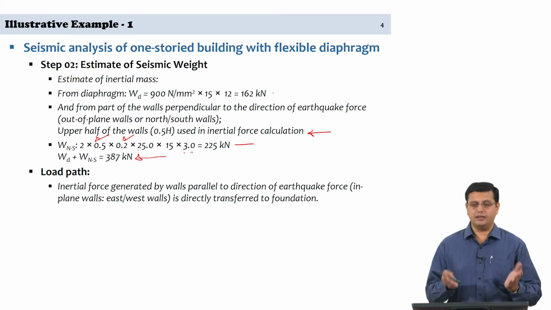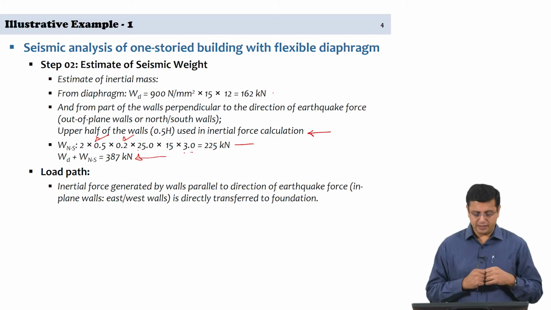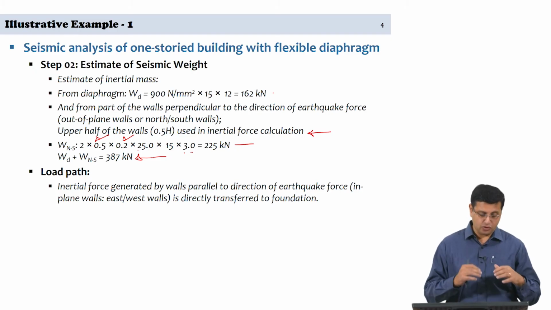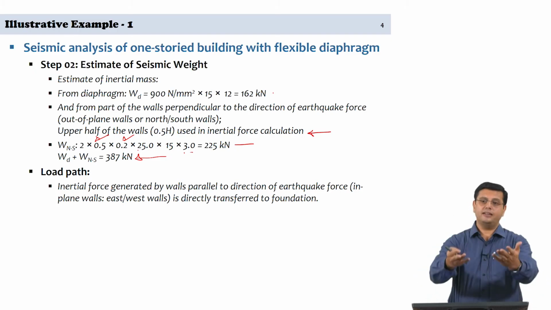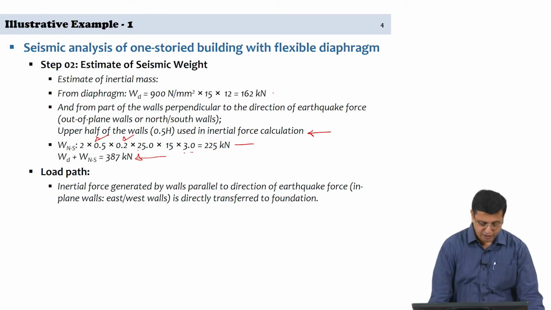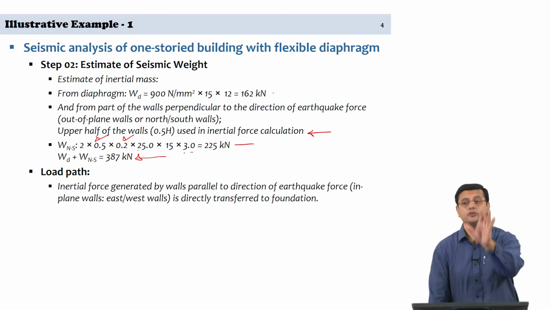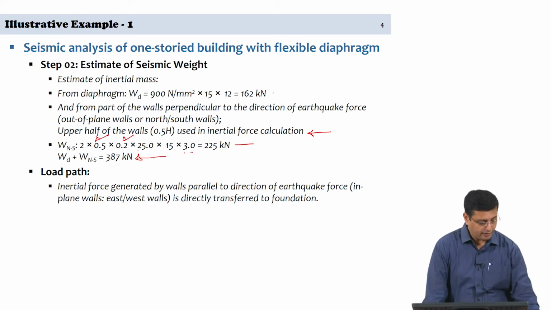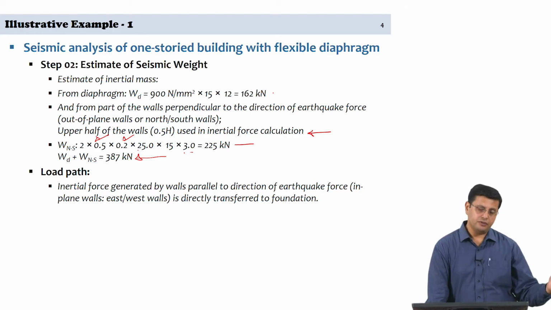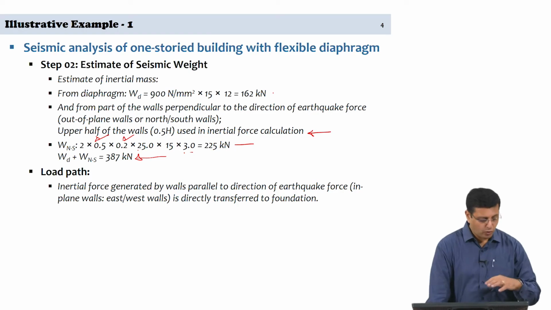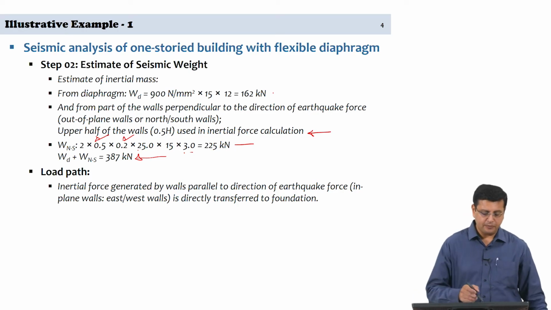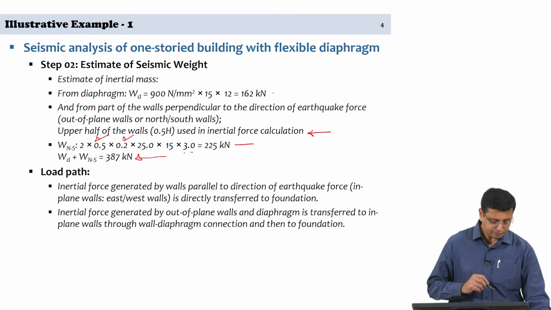So, these in plane walls are ground story in plane walls, the force is getting directly transferred to the foundation. So, I do not use that in estimating the inertial force which is going to come onto the diaphragm. That is the reason why the inertial force corresponding to the in plane walls has not been considered in the calculation above.